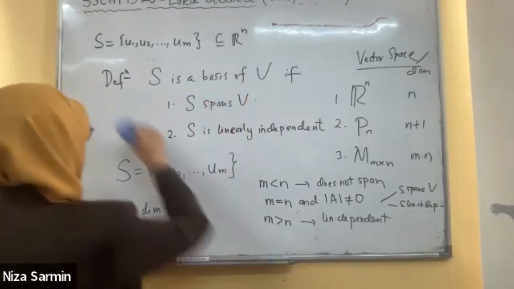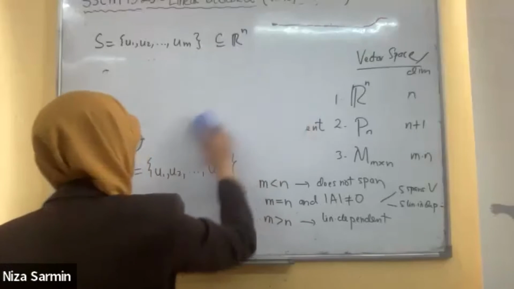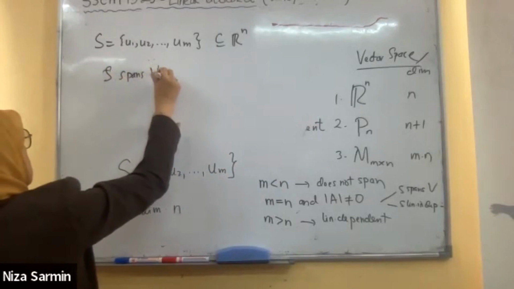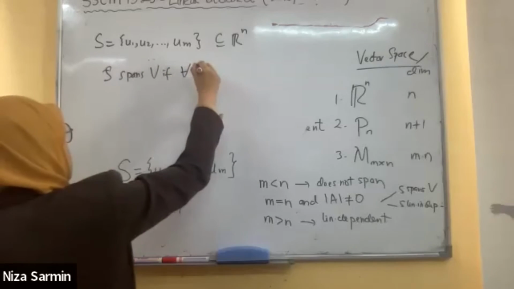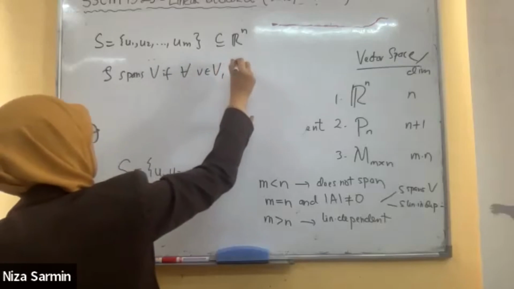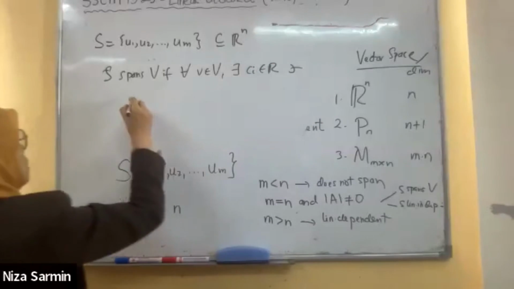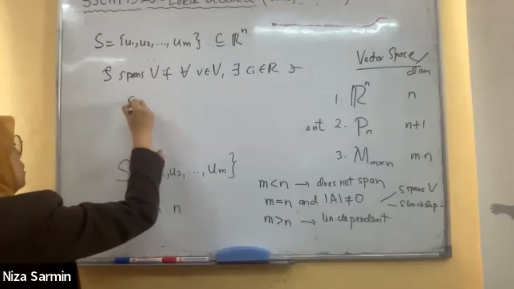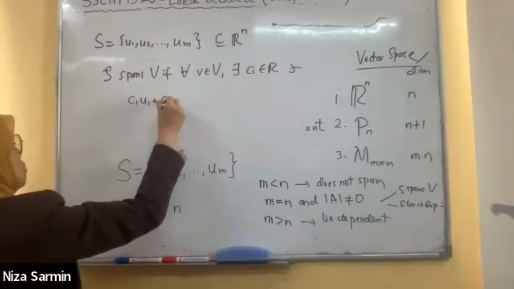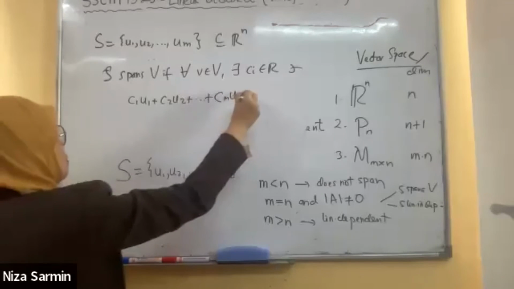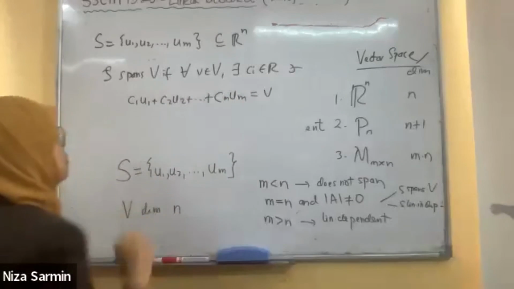Let me write the definition. S spans V if for all v in V there exist ci in R such that c1 u1 plus c2 u2 plus up to cm um is v, right?